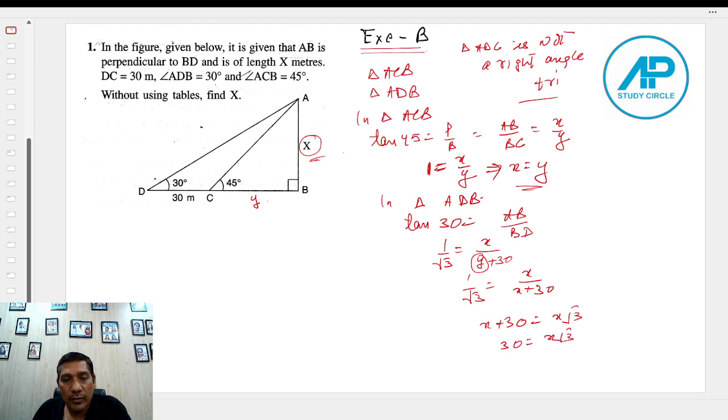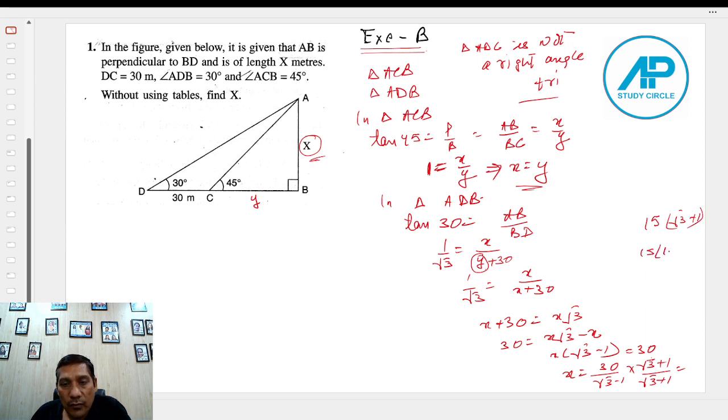Never try to put the value of root 3 early. And this gives me, adding it here, 15 into root 3 plus 1. 15 into 1.732 plus 1, 15 into 2.732.